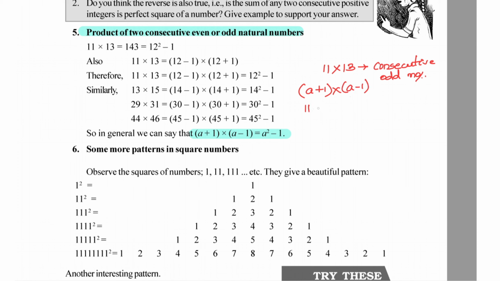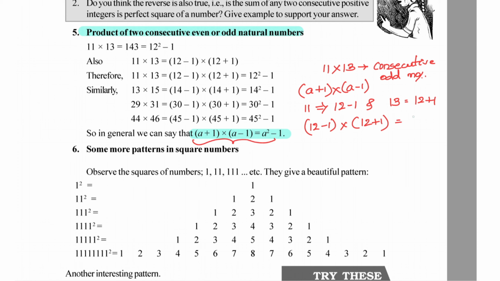So here 11 I can write as 12 minus 1 and 13 I can write as 12 plus 1. So now I can write 11 as 12 minus 1 into 13 as 12 plus 1. So now it is in this form.